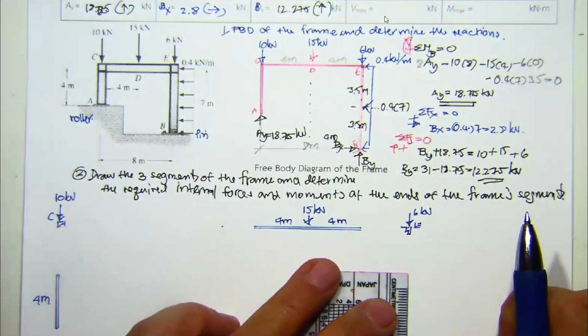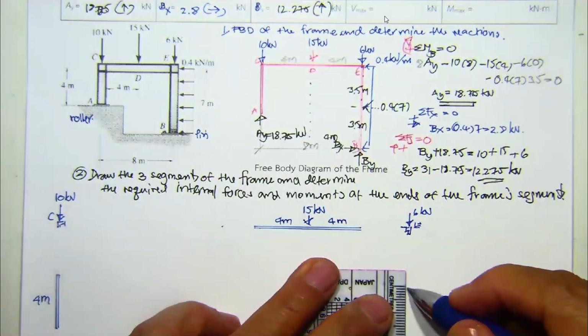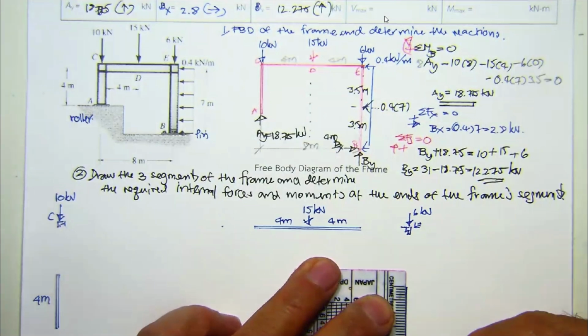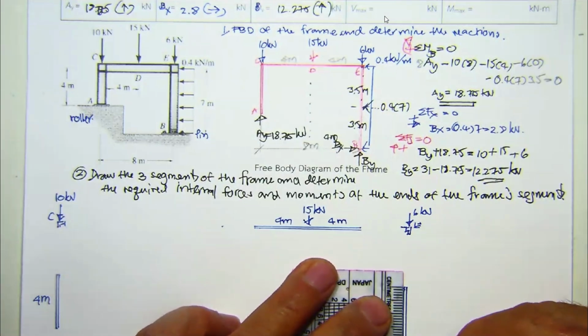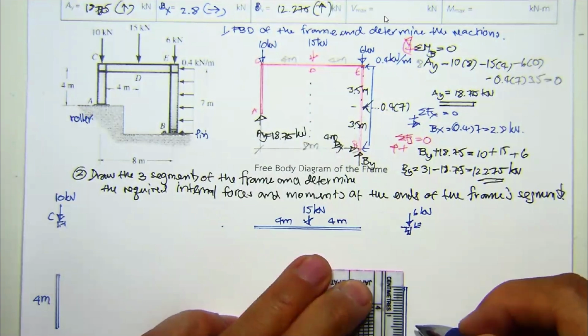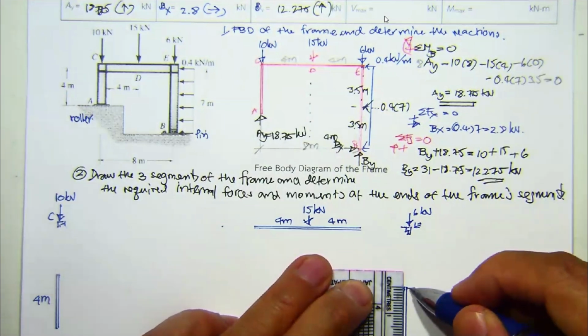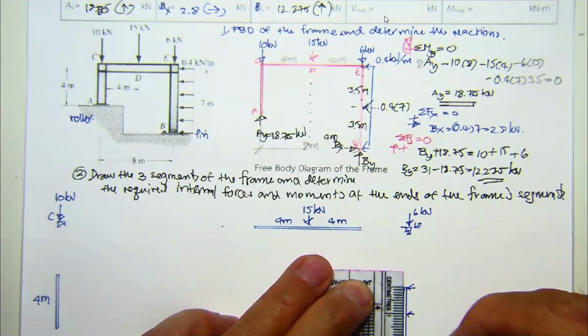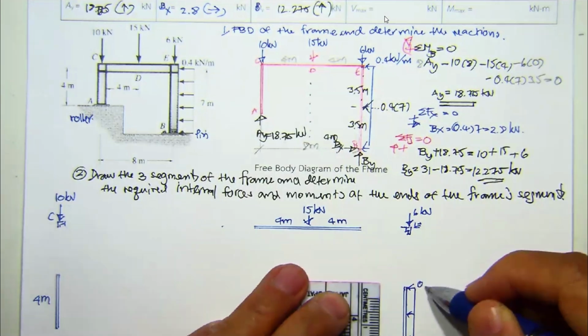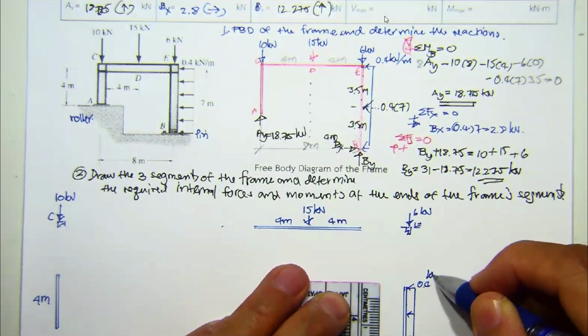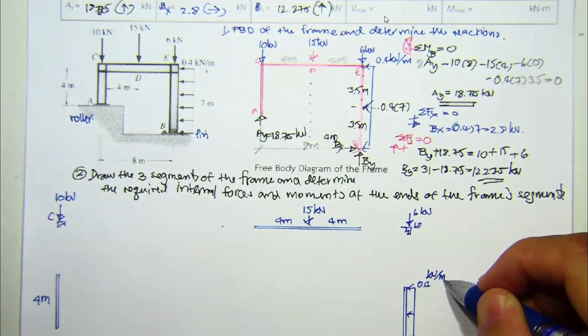And then we have another column over here. That's going to be 7 meter. Let's take it to be 3.5. And this one is subjected to the wind load of 0.4 kilonewton per meter. Okay.